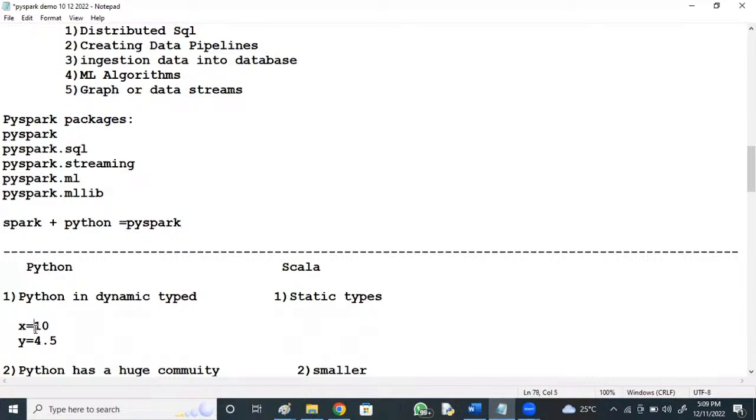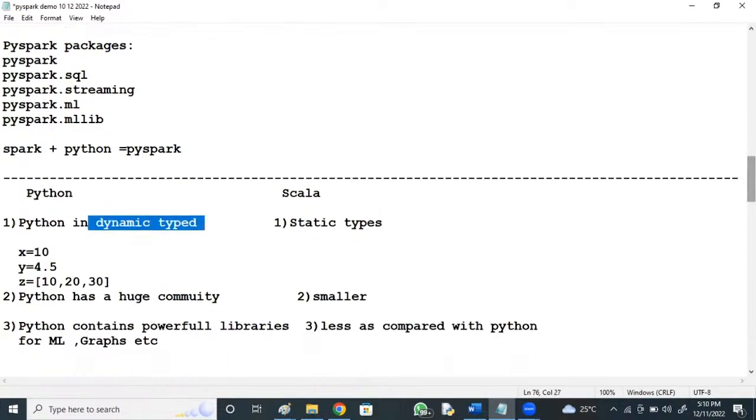What value you assign, an integer variable is created; assign a float and a float variable is created. Z equal to a list 10, 20, 30: what type is Z? List type, because you are assigning a list to it. Based on the value you assign, the variable is created dynamically. It's dynamically typed. Scala is statically typed.